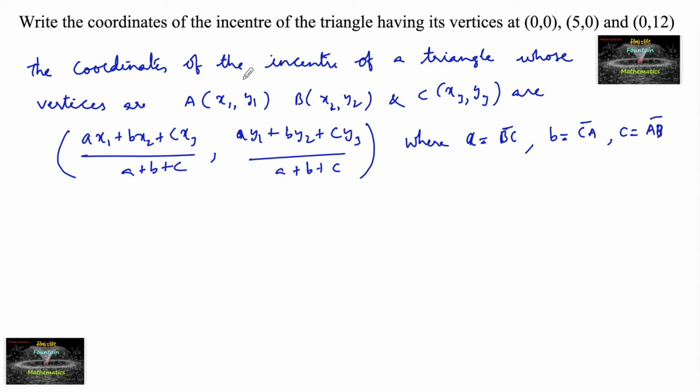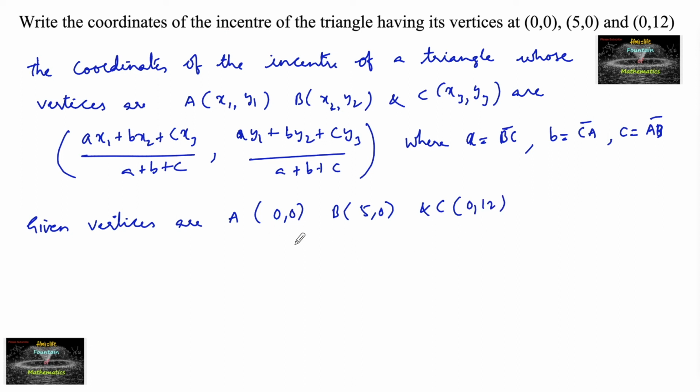Okay, now here in this triangle vertices are given. Vertices are, say, A (0, 0), B (5, 0) and C (0, 12). So clearly one of them is the origin and the vertices are on the coordinate axes, so it's a right angle triangle.